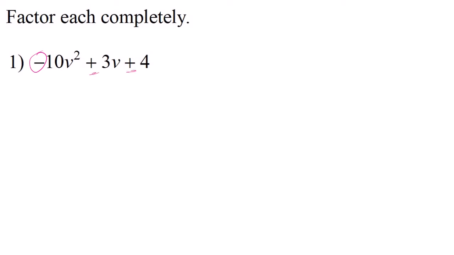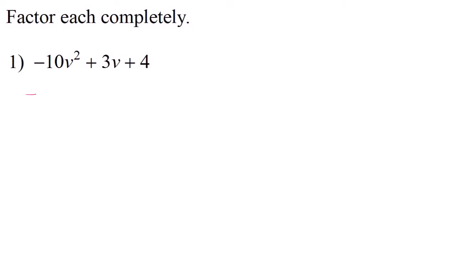Remember, our signs are kind of like our clues that tell us we need to find numbers that we can add or subtract to get that middle number, and then this tells us the sign of the bigger number usually. But when we have a negative out front, those signs don't tell the truth. They tell us the opposite of actually what we need, okay? And I'll show you what I mean by that when we get our results here in a minute.